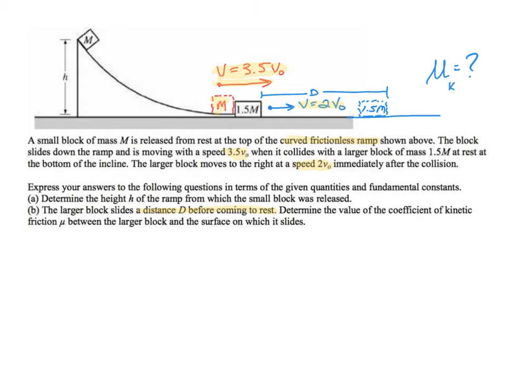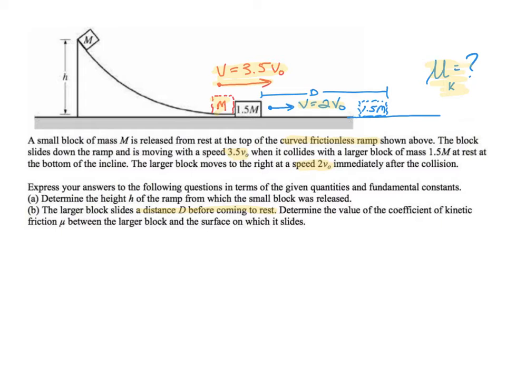So keep in mind you have to define a system. You have to decide what's in your system, what the initial conditions are, what the final conditions are. And all I'm trying to do is come up with an expression for this coefficient of kinetic friction in terms of all these other variables. So the things that can be in my answer are the variables that are given.